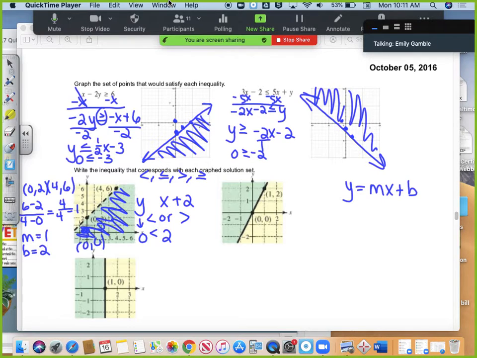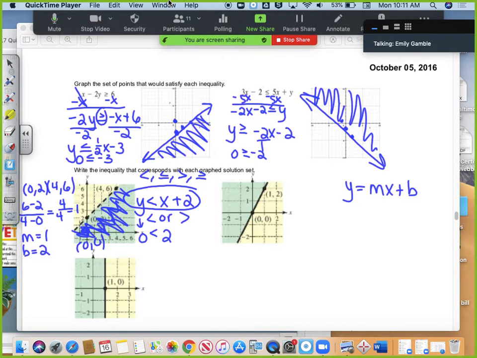I would want that to be true since this area is shaded, which helps me realize that this symbol will be y is less than x plus 2. Just by seeing that shading being below the line, it would make sense to be less than, but sometimes that thinking doesn't work depending on the type of line we have. So the inequality is y is less than x plus 2.